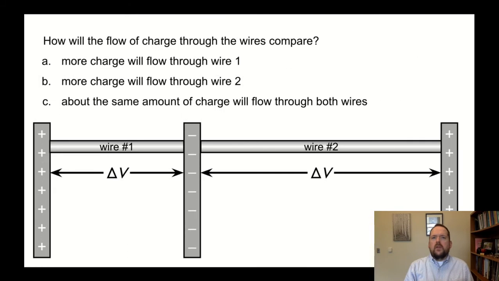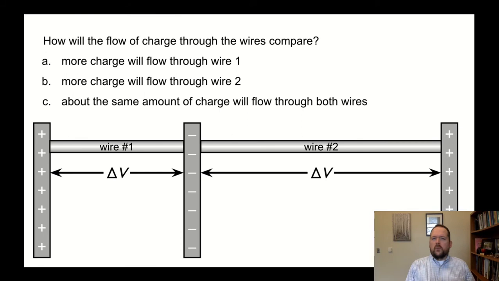Finally, what happens if we increase the distance? In order to visualize this, I put another negative plate over there on the right-hand side. So my wire 1 stretches between my original two plates, but my wire 2 stretches a further distance to a plate that's equally positively charged but further away. What does your intuition tell you about how the flow of charge through these wires compares?